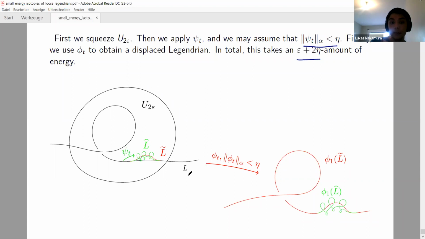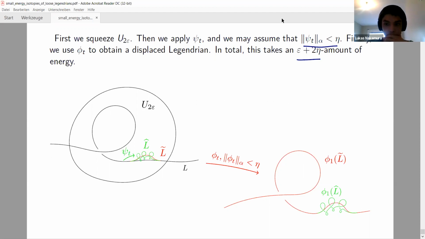So if you have an isotopy of this L and move it somewhere, then first you perform this psi, which gives you this L hat, and this L hat can be assumed to be C0 close to L. And if you restrict this phi to L hat, then this will be C0 close to the original isotopy that you had acting on this L. And you can show that you can actually achieve this C0 closeness.